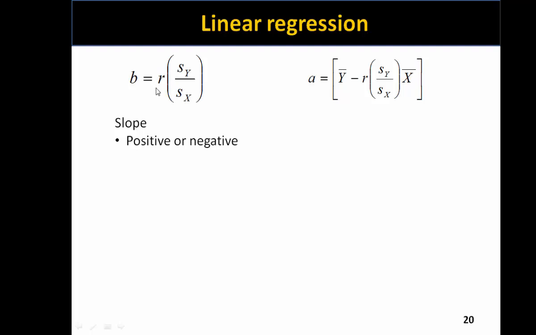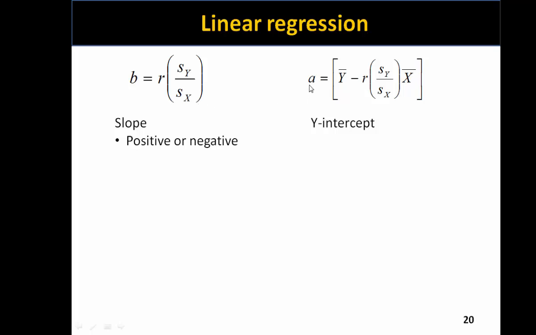Recall that the R statistic could be a positive value or it could be a negative value. The magnitude of the slope is going to be determined from the ratio of the standard deviation of the y scores divided by the standard deviation of the x scores.